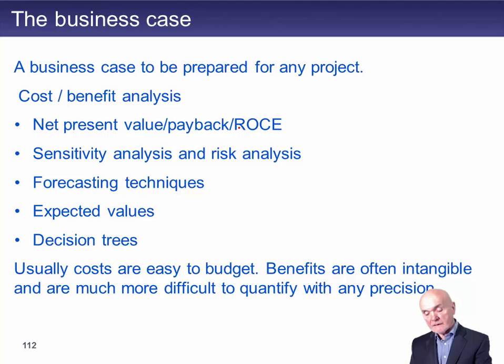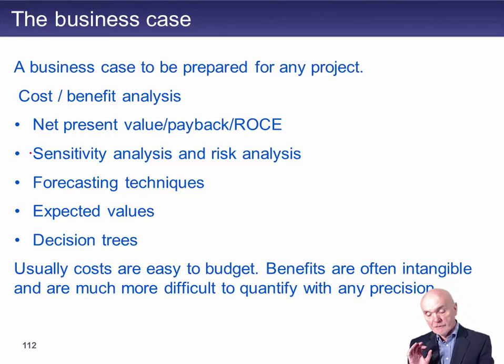We know that projecting into the future what the benefits are going to be is an element of estimation. I think it's important that people do their sensitivity analysis, say how far could our hoped-for improvements fall before the project turns out to be a bit of a waste of money.